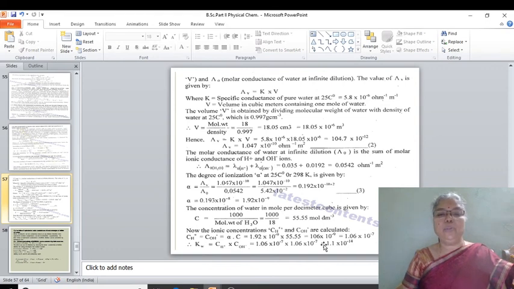By putting the values of alpha and concentration, we can find the concentration of H plus and of OH minus ion, and taking the product, that means Kw is equal to the concentration of H plus into the concentration of OH minus ion. We find the ionic product of water as 1.1 into 10 raised to minus 14. This is the value of the ionic product of water, and here we have seen the important application of Kohlrausch law.